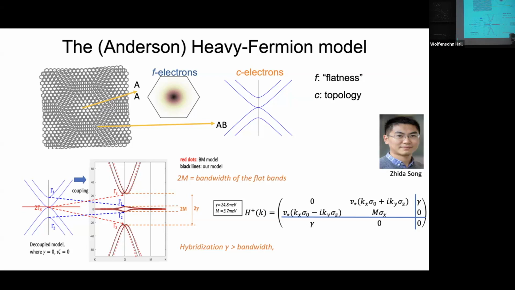It's very simple. At the gamma point, the heavy electrons form a gamma 3 representation, but these dispersive electrons also form a gamma 3 representation. They're the same representation.